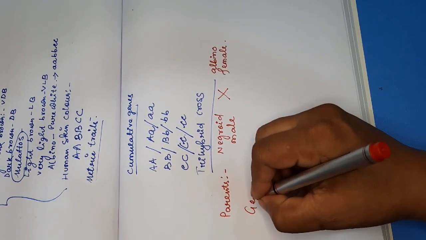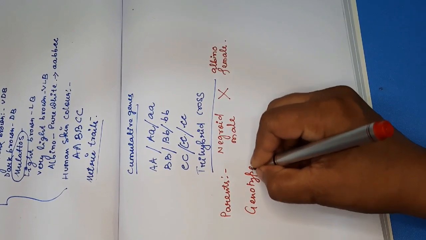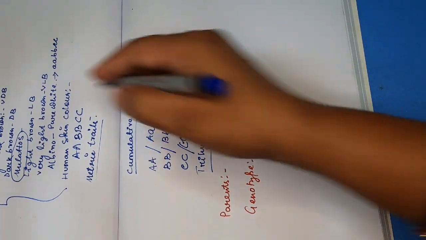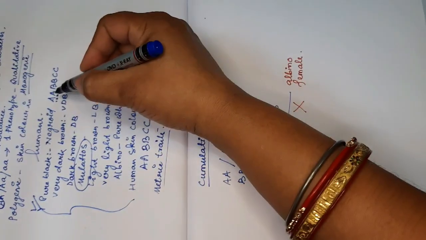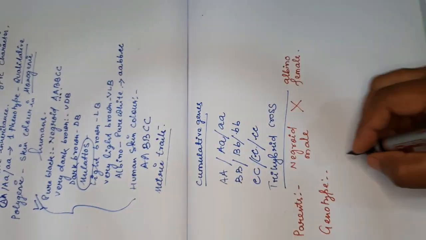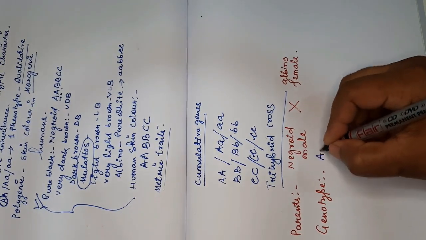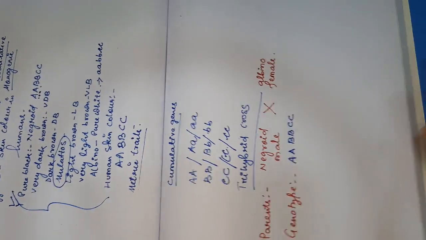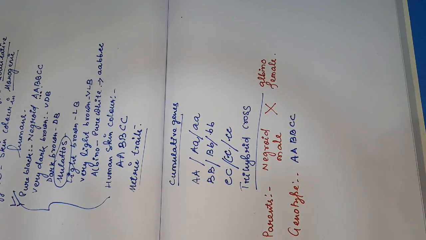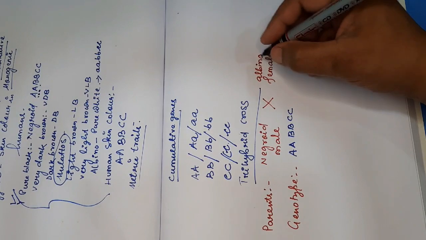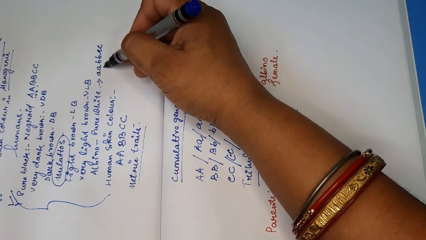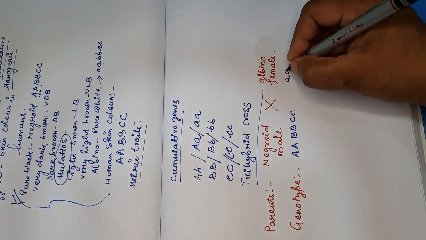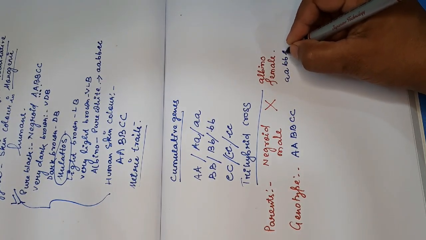So next we will write their genotype. Obviously, because it is one of the extreme colorations, if you remember this chart, it will have this genotype. It will be represented by capital A, capital A, capital B, capital B, capital C, capital C, all the 3 genes adding up to the intensity of the skin color. Similarly, the albino female will be represented by this other extreme of the genotype: small a, small b, small c.